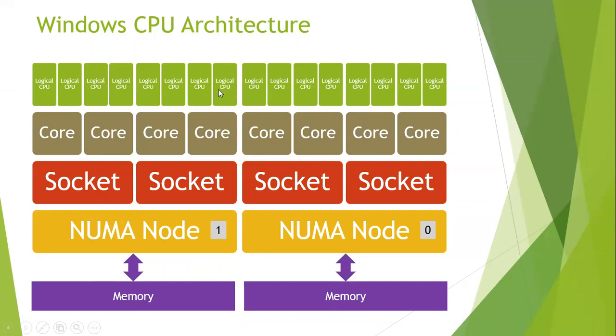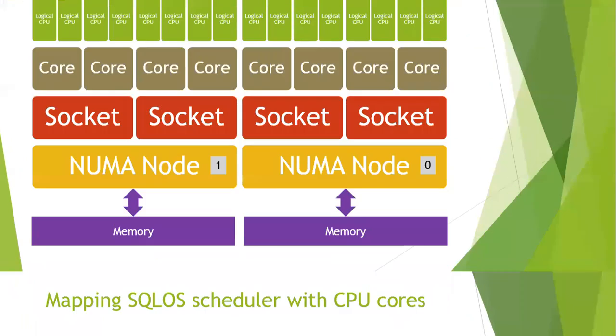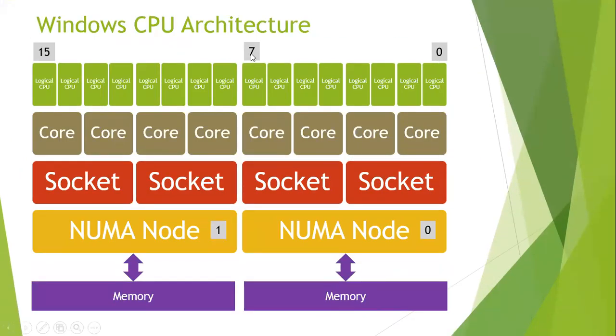Here we have 8 CPUs logically grouped together and considered as a NUMA. This is enabled at the processor or hardware level. See here, 0 to 7 grouped into a single NUMA.